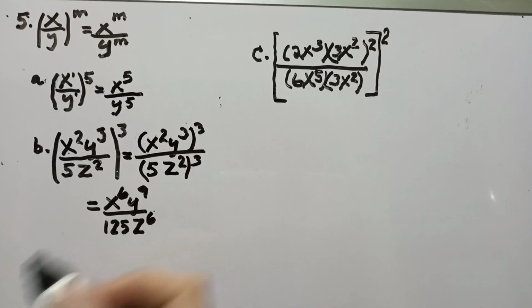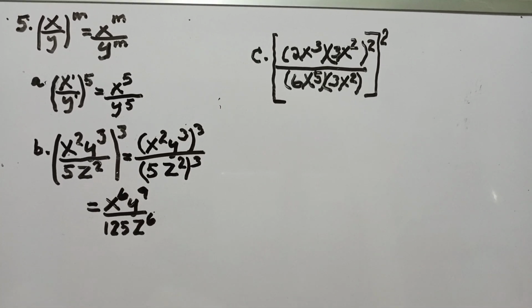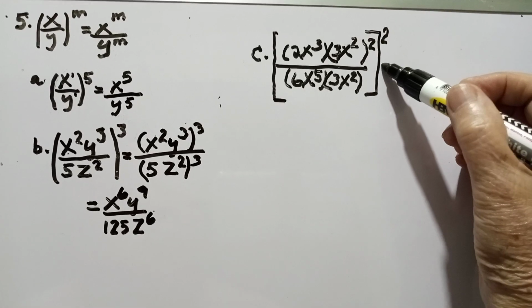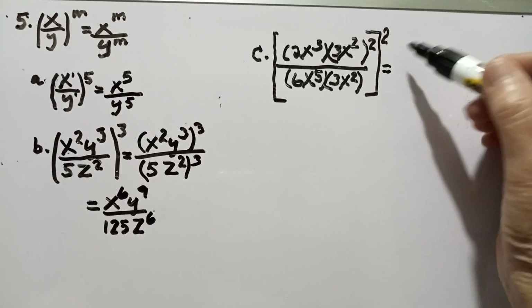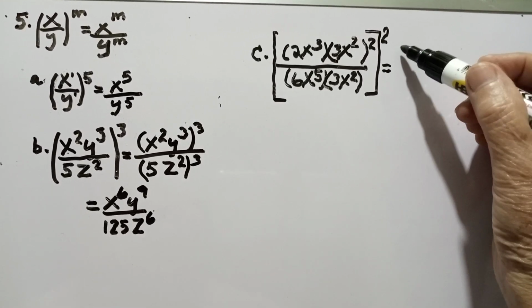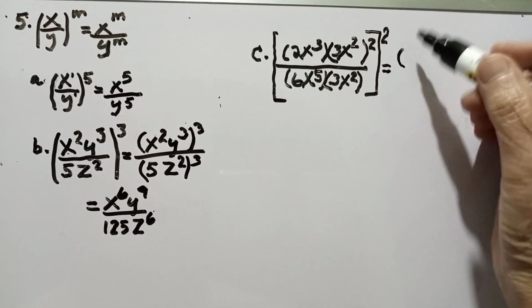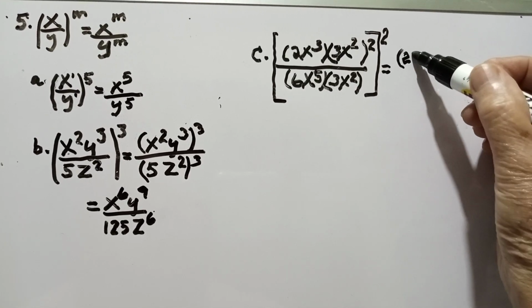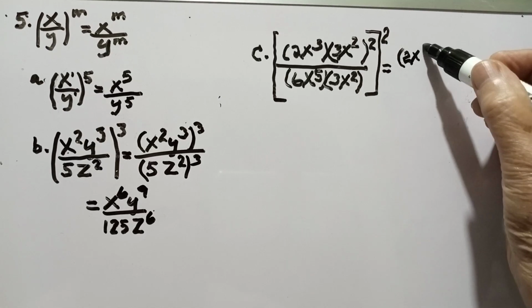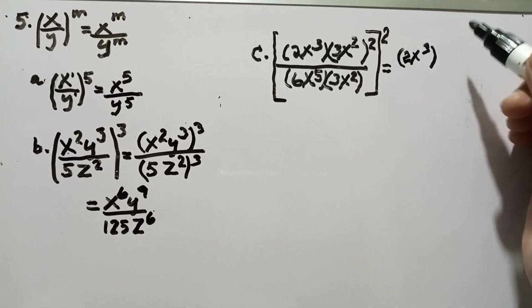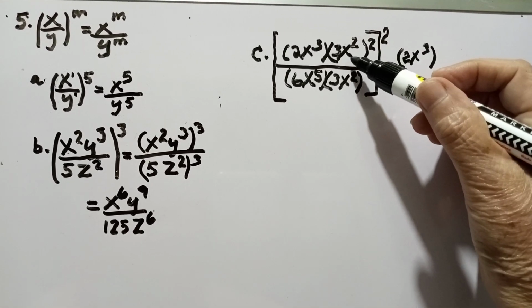Now let's try letter C. So we have, by definition, 2x cubed. Then we will expand on this one.